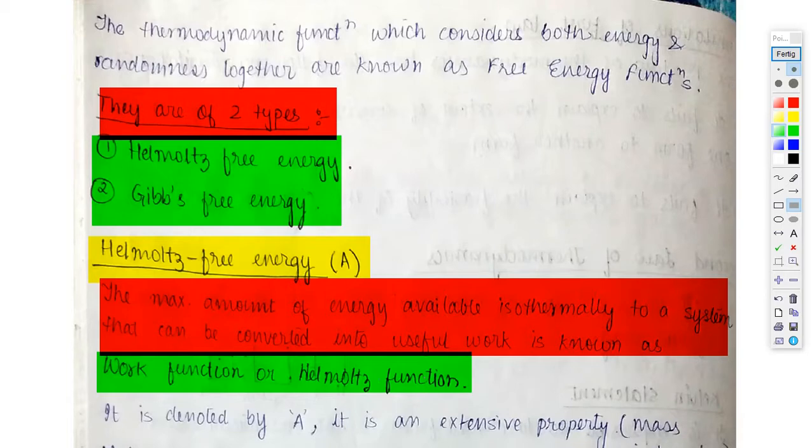It is denoted by A, and it is an extensive property, which means it depends upon the amount of substance present.